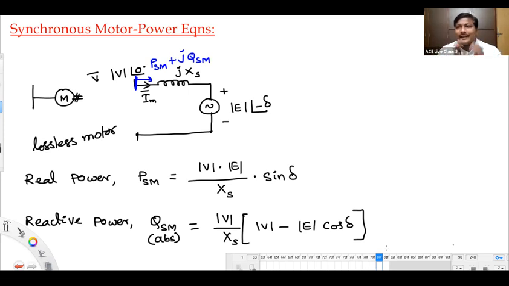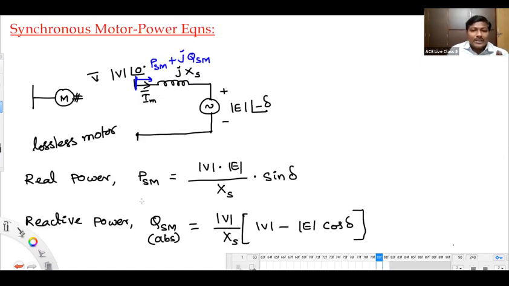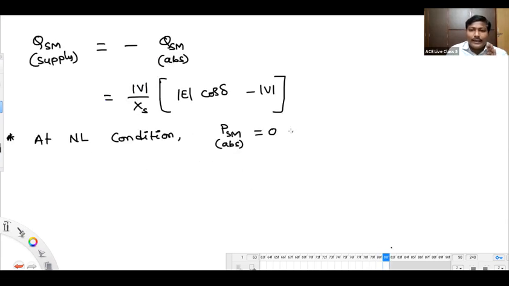At no load condition, what is the real power absorbed by the motor? It will be 0. So if it is 0, I can write mod V into mod E by XS into sine delta equal to 0.